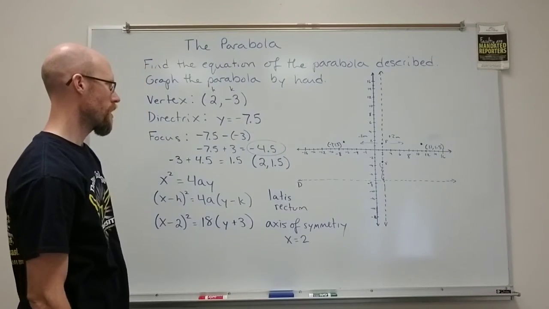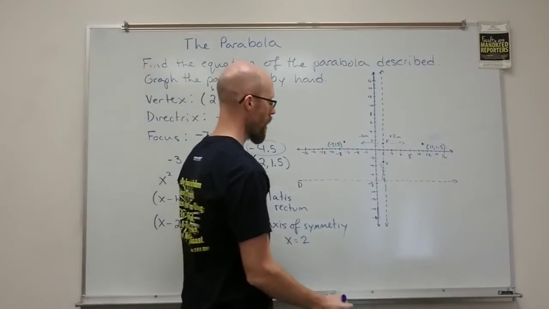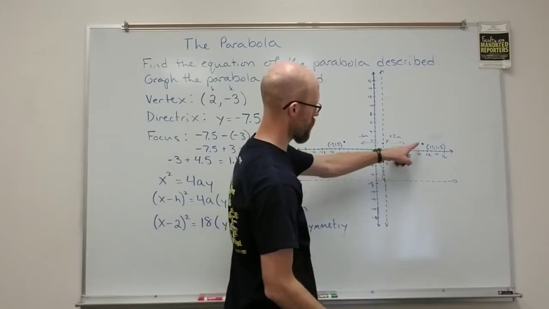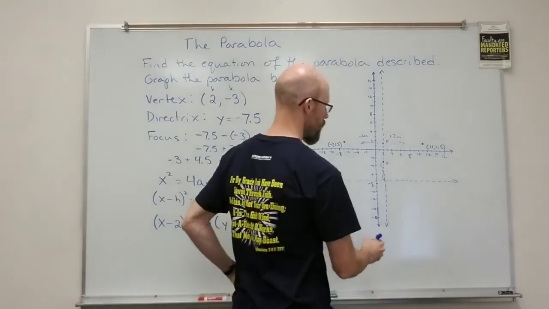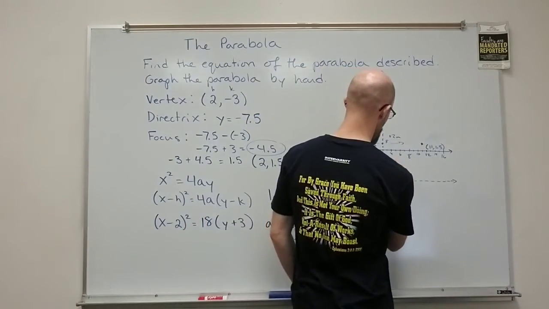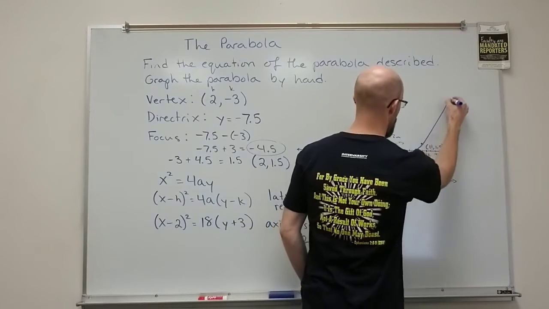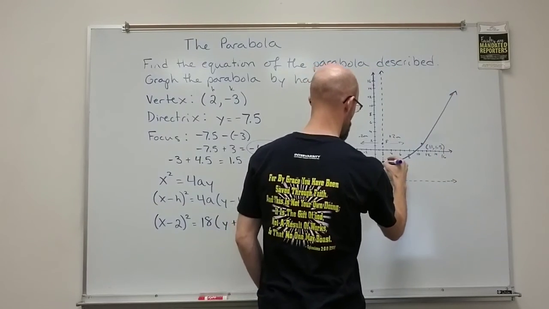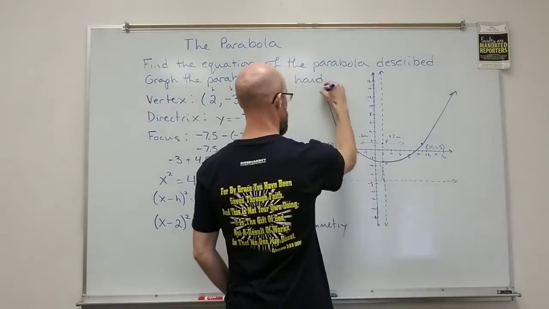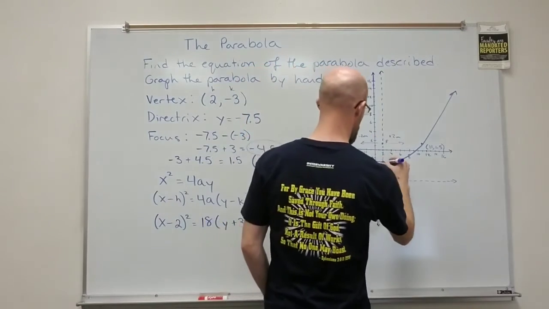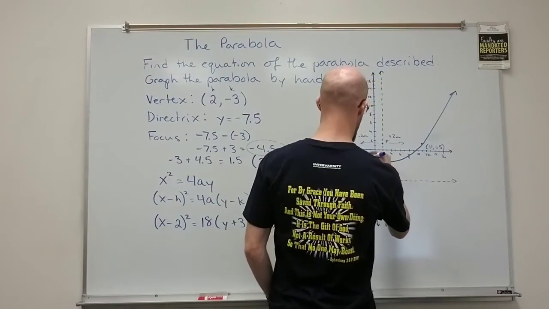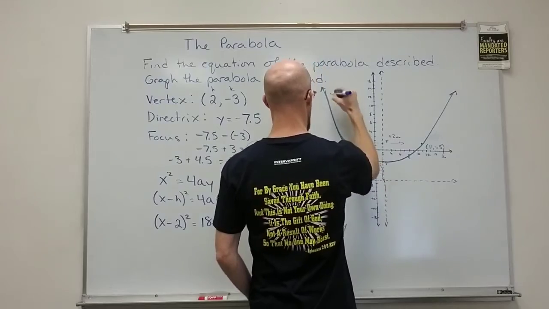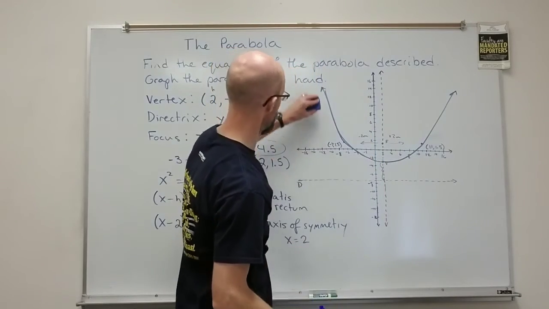All right, and then I can plot the graph going from the vertex through the ends of the latus rectum. I kind of missed that one, but you kind of get the point.